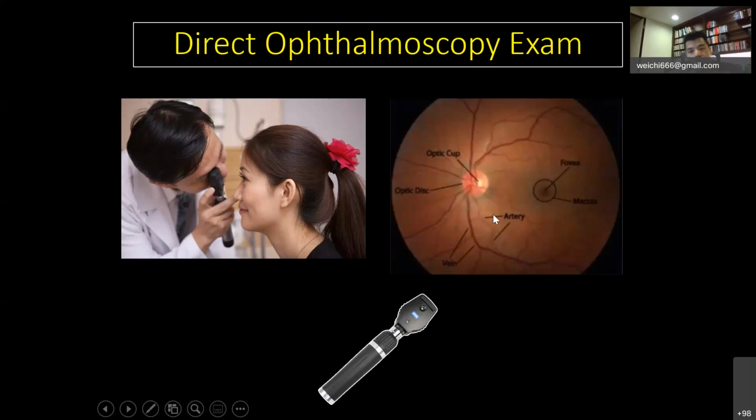Okay, then you could see that usually there's an artery that comes with a vein. You could see that the bigger vessels are arteries. No, that's wrong. The bigger vessels are veins, and the smaller vessels are arteries.